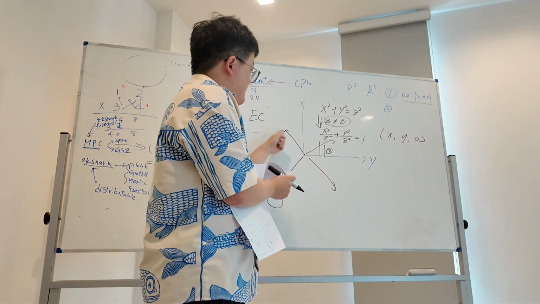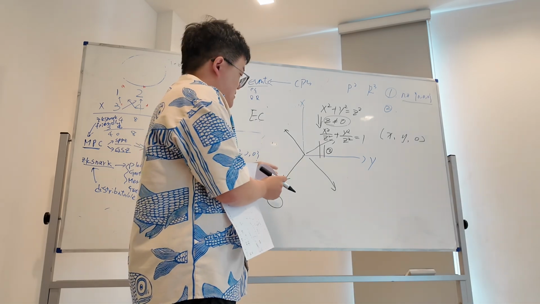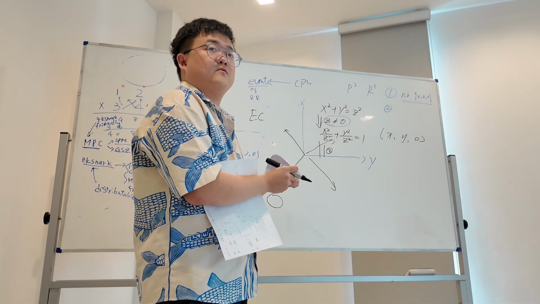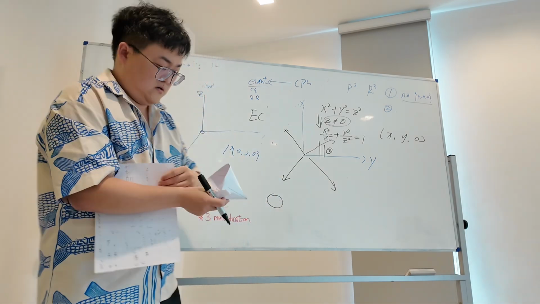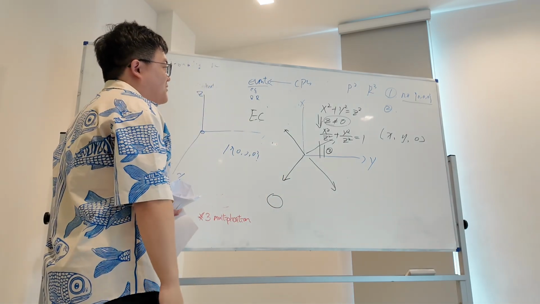Because you cannot find the vector on this plane in the affine space. Everyone follows? Okay. So now how to do the calculation?